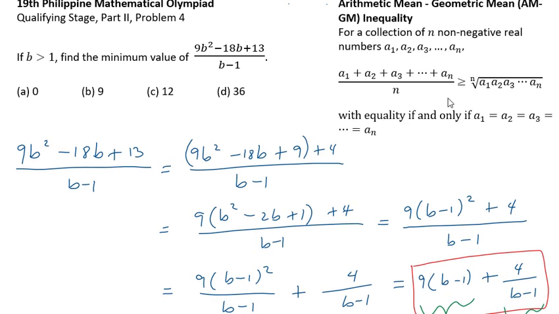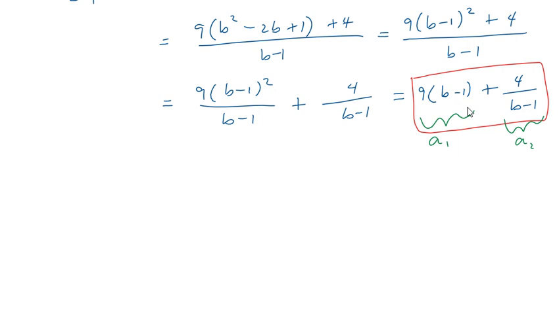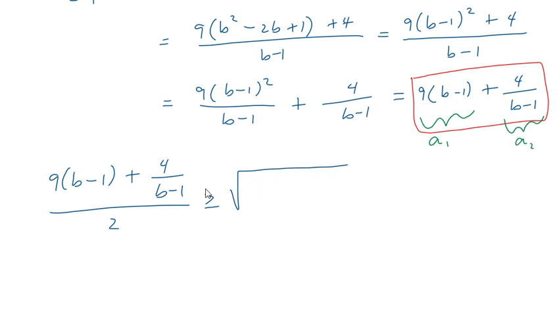So now, instead of using this, we use its equivalent, which is 9 times (b minus 1) plus 4 over b minus 1. Now if we get the average according to the AM-GM inequality, this is greater than or equal to the square root of the product of the two numbers.